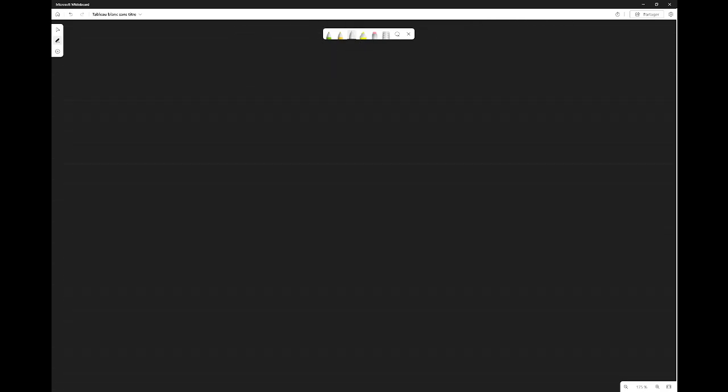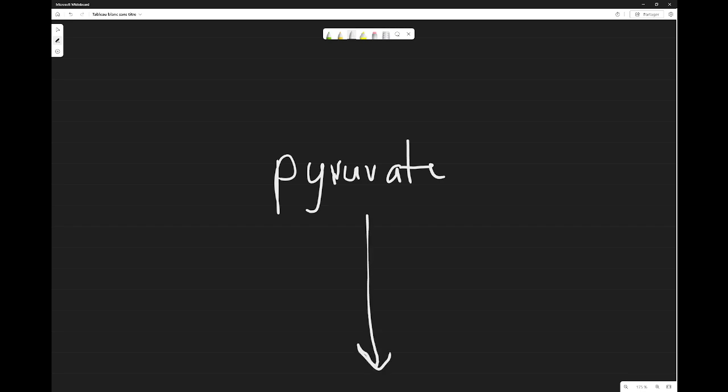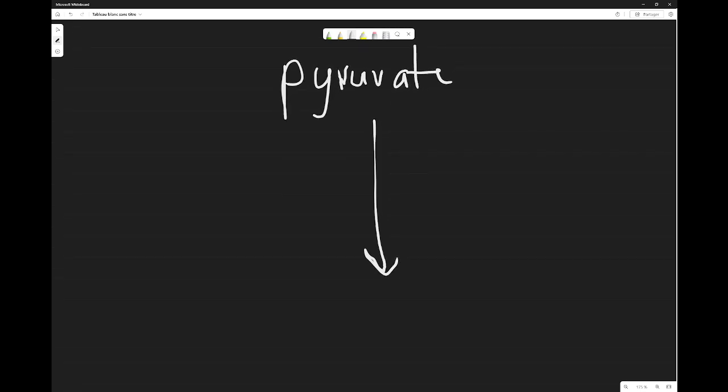So firstly, we're going to have our pyruvate, freshly prepared from glycolysis. Now, our pyruvate has to be transformed into what we call acetyl-CoA.